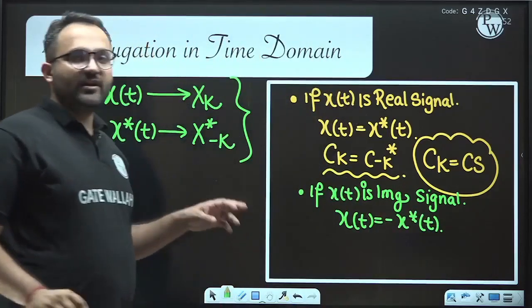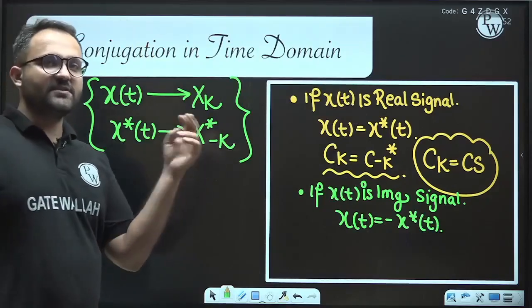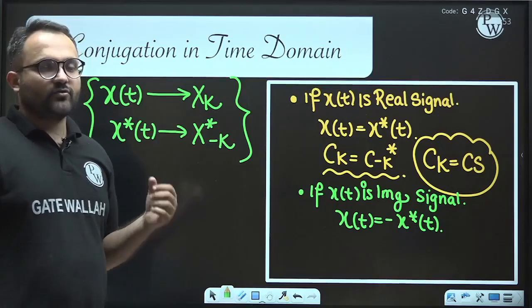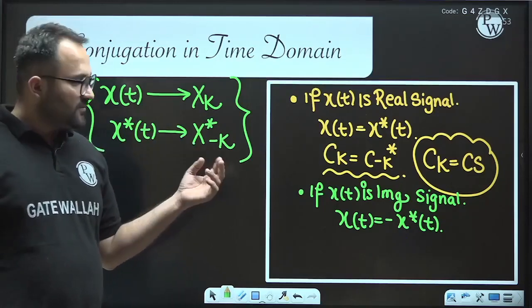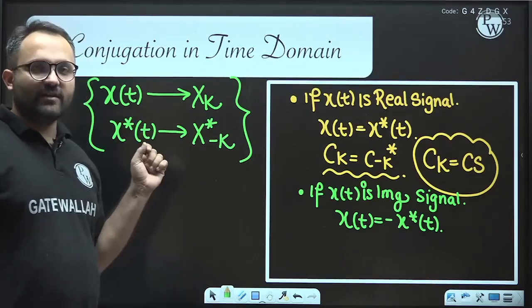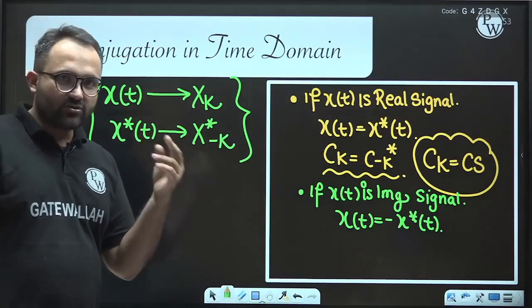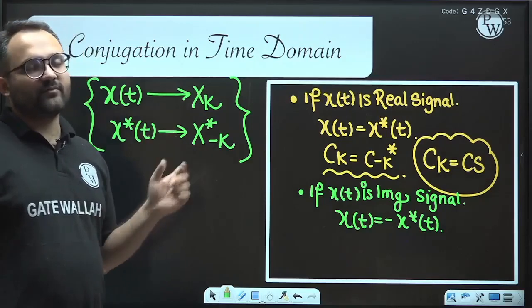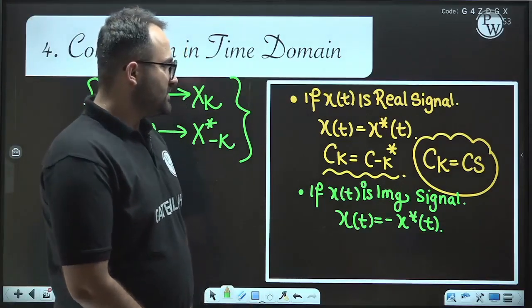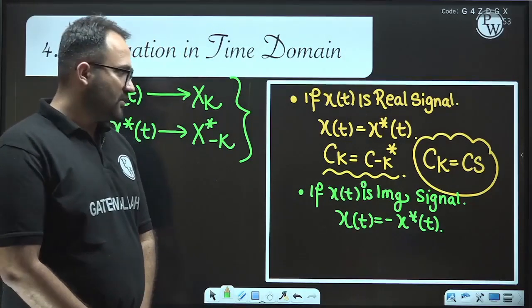For example, take an imaginary number like 3j. If we take the conjugate, it will be minus 3j. So the conjugate multiplied by minus will become the original value. So if x(t) is equal to minus x conjugate(t), it means x(t) is an imaginary signal.